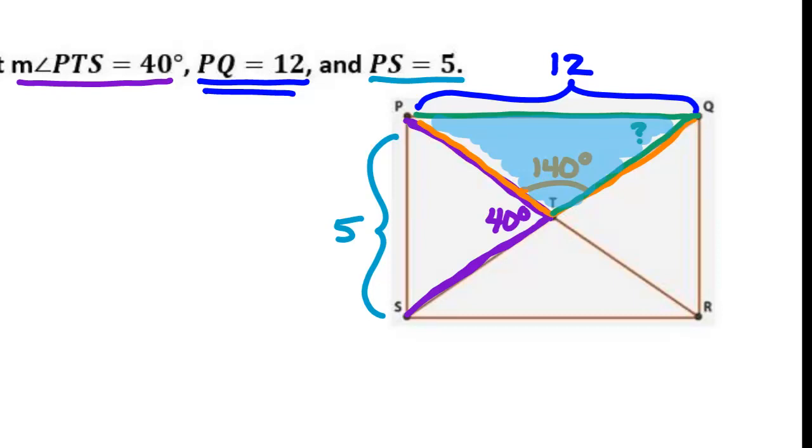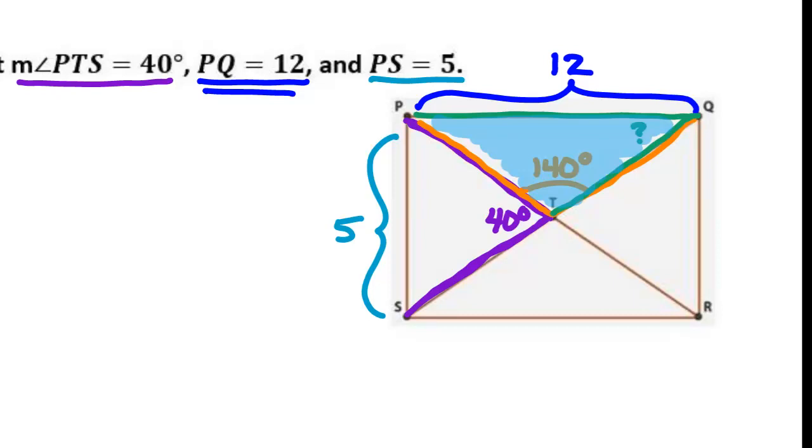But do I know two angles in this triangle? No. Here's where we have to use one of the special properties for rectangles that does not apply to parallelograms, only to rectangles. Does anybody remember what we've said about the diagonals? The diagonals are congruent, and what are they doing to each other? Bisecting each other.